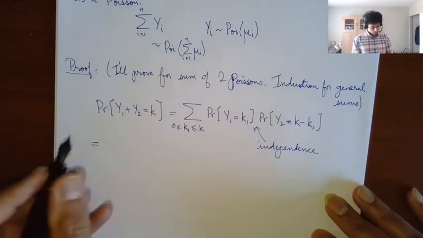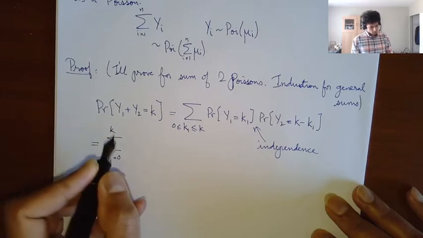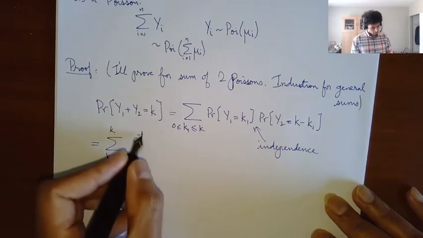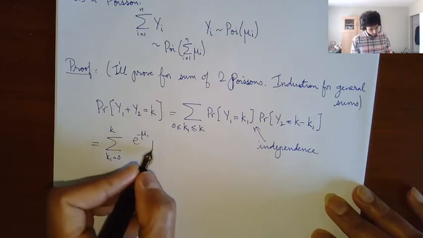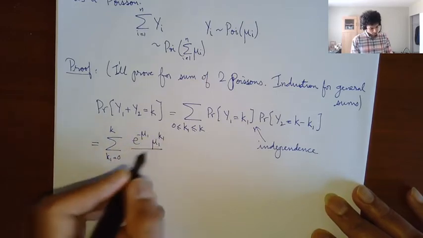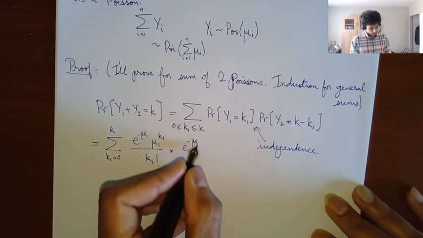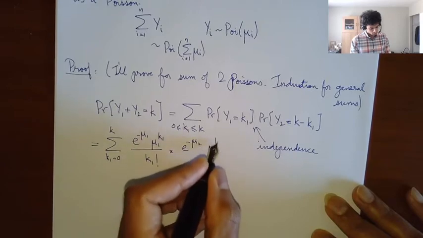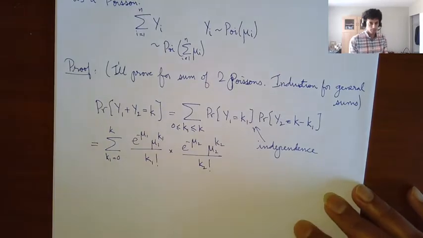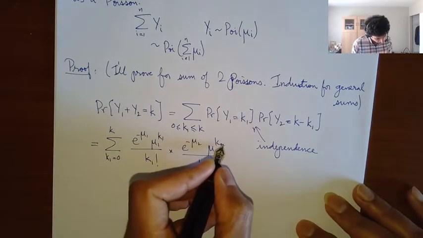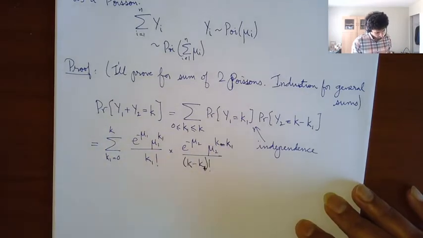Now I can just run through the math. I get e to the minus mu1 times mu1 to the k1 divided by k1 factorial times e to the minus mu2 times mu2 to the power k minus k1 divided by k minus k1 factorial.